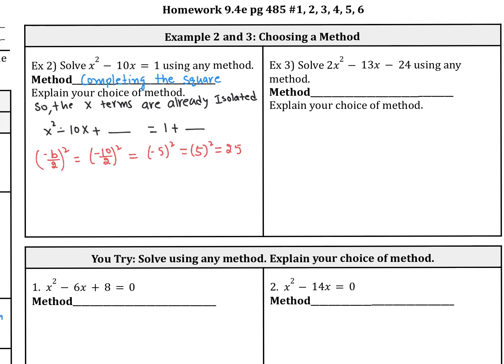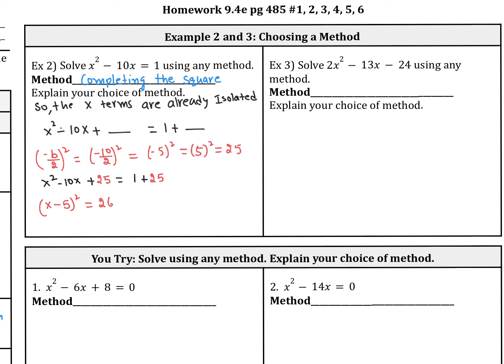So the equation is x squared minus 10x plus 1 plus 25, add on both sides, and you got here is x minus 5 squared equals 26.